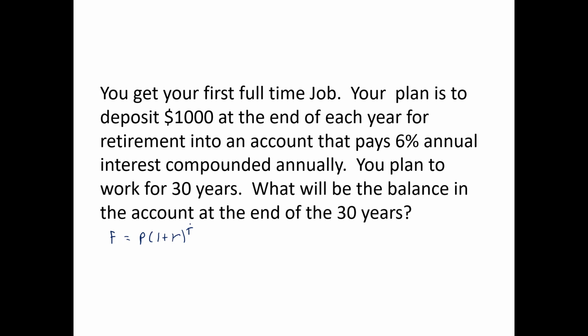So you can look at each deposit as a separate investment, and each one is going to sit in there for a separate amount of time. Right? And so the key here is that you're going to have 30 deposits. And so let's call D1 your first deposit that you make at the end of that year, and it's going to be a $1,000 deposit, but it's only going to sit in the bank for 29 years.